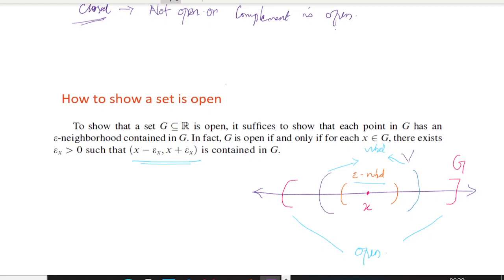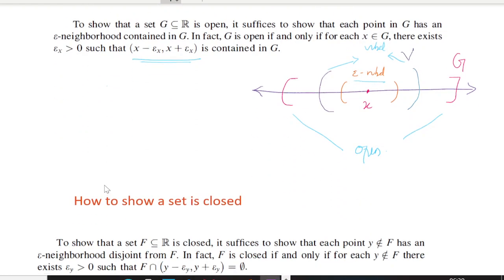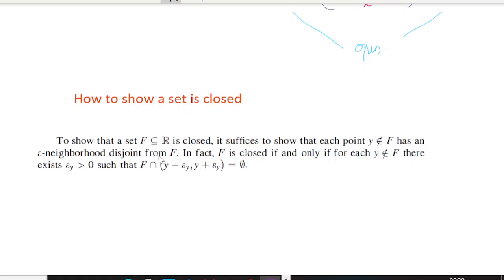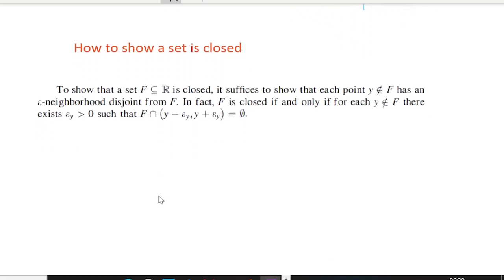Now how to show that it's closed? That is the next question. Take its complement, right? To show that a set F subset of R is closed, it suffices to show that each point y not in F has an epsilon neighborhood disjoint from F. In fact, F is closed if and only if for each y not in F there exists an epsilon y greater than 0 such that F intersection (y minus epsilon y, y plus epsilon y) is empty.